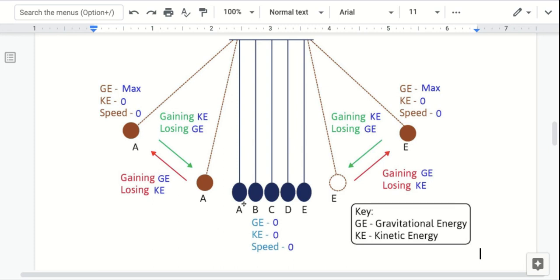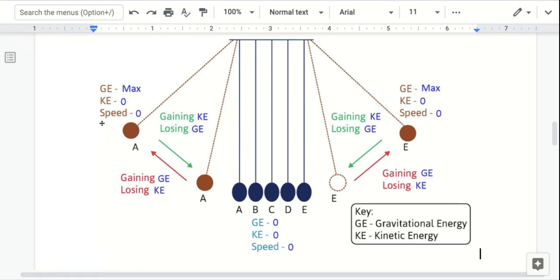So if a person were to take ball A and move ball A out to the left, this would be my left. If they take ball A and move it out to the left, the gravitational energy, the GE, the potential energy to move is at its maximum. It has 0 kinetic energy and it has 0 speed because it's not moving.